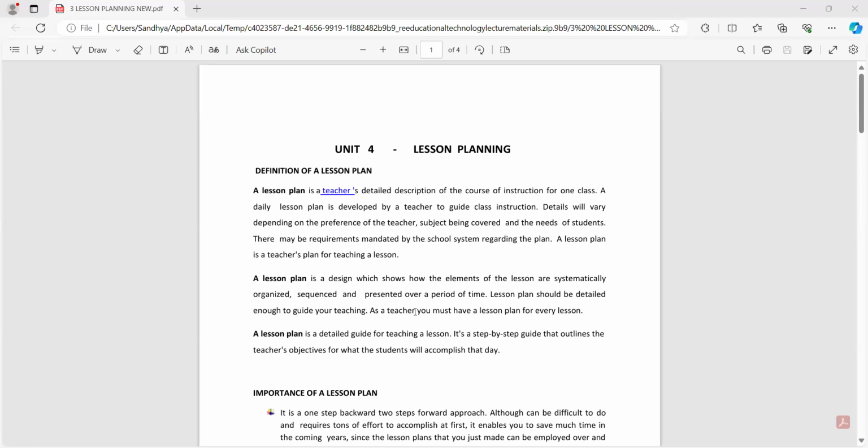Okay? So a daily lesson plan is developed by a teacher to guide class instruction. So teachers are supposed to write daily lesson plans for each and every period that you actually teach. Most of the time, from school to school, the complexity of lesson plan actually differs.